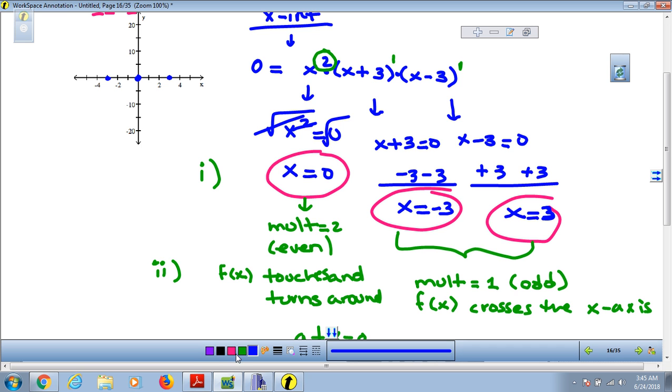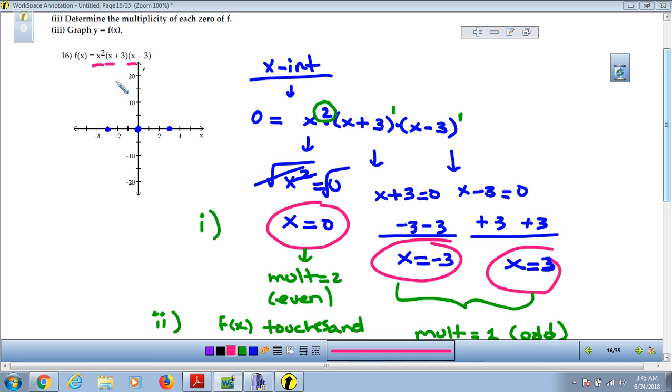Since the graph on the left side is pointing upward, and through 0 it's supposed to touch and turn around, it says. Then somewhere it's going to turn, I don't know where. I just know it's going to cross, and somewhere again it's going to cross through here. And that's it. That would be my graph.